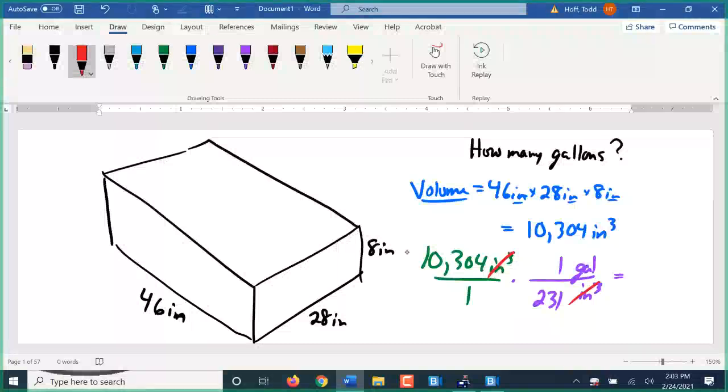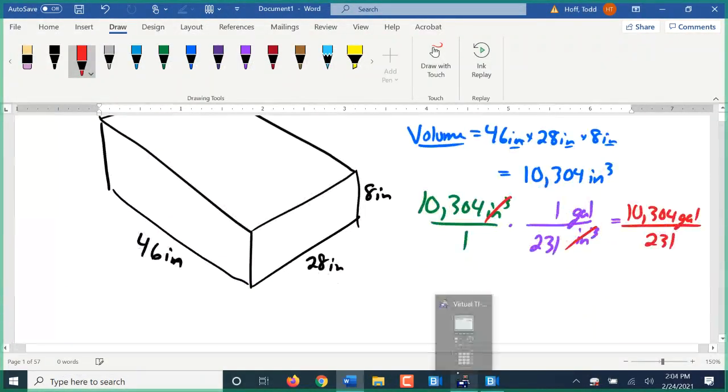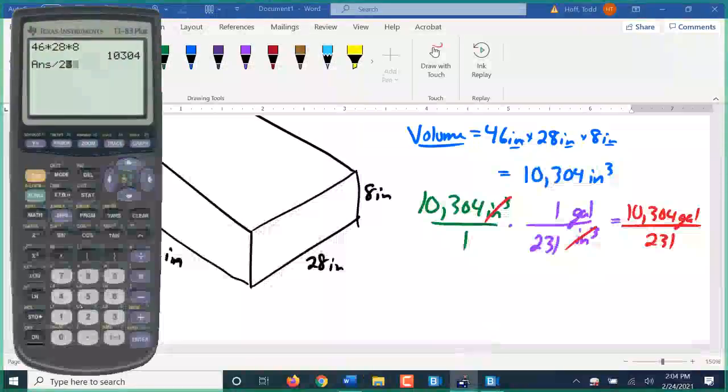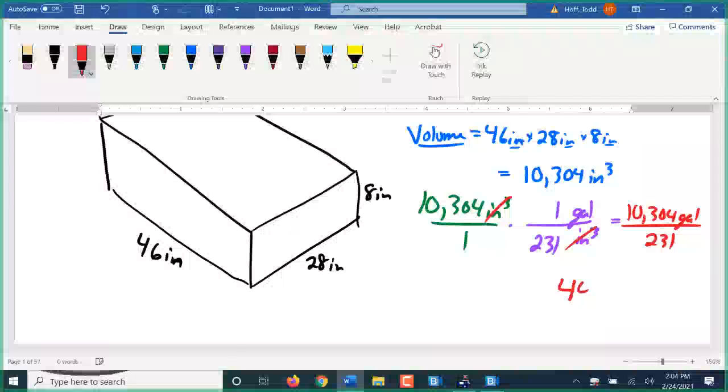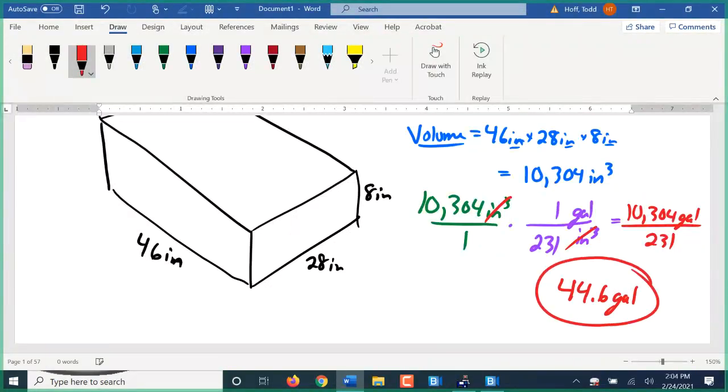We've got 10,304 times 1 gallon, over 1 times 231. We're just going to divide that out. Divided by 231 gives us 44.6 gallons. That would be about a half gallon tank.